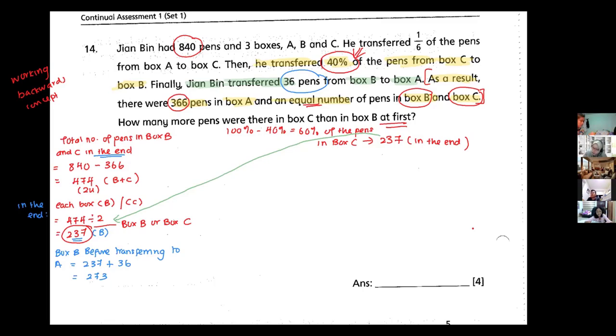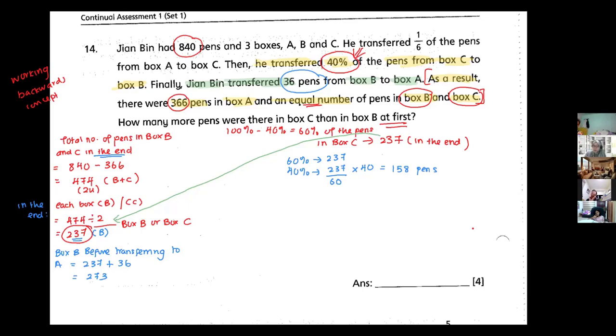So I know that 60% is 237. I want to find my 40%. 40% is 237 divided by 60 times 40, and I will get 158 pens.